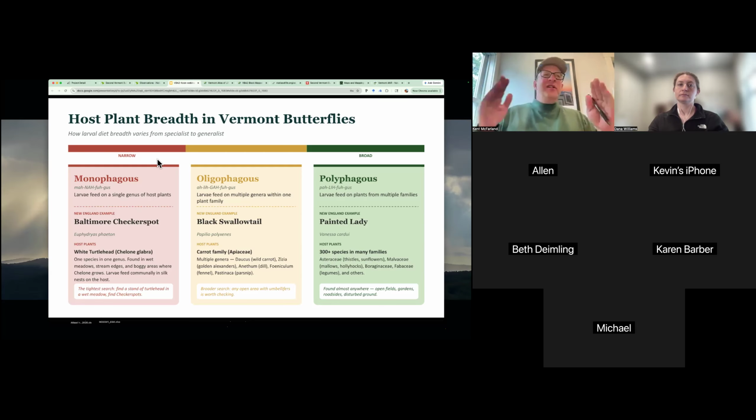It's often those that have very narrow host plant species that are the biggest conservation concern, because they're probably going to have a very narrow habitat type. The very broad are often our common species that probably aren't in trouble. We have to keep our eye on them because they can have problems.